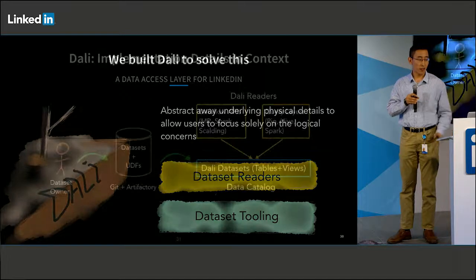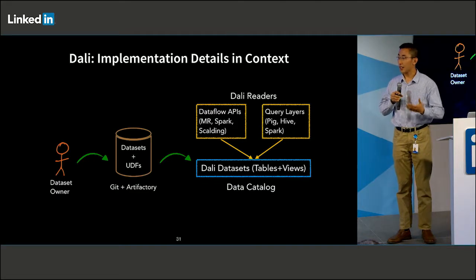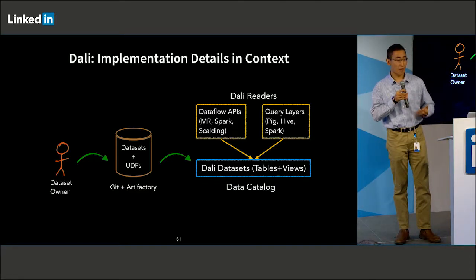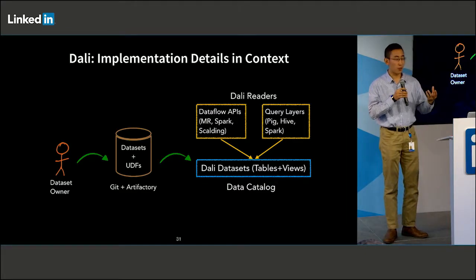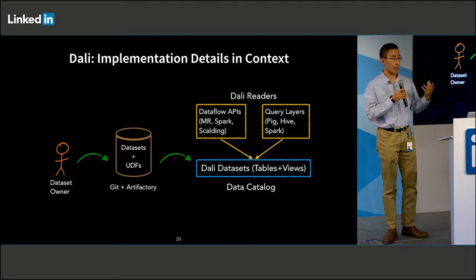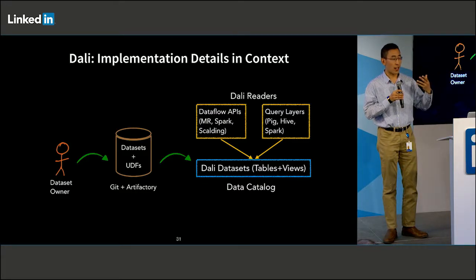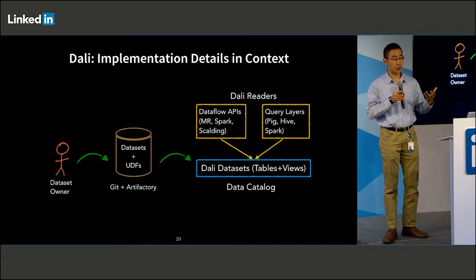So to dive a little bit deeper, the experience at LinkedIn working with datasets looks something like this. As a dataset owner, I will define a dataset using some SQL. And that can include SQL transformations. It could apply custom user-defined functions that do business logic.